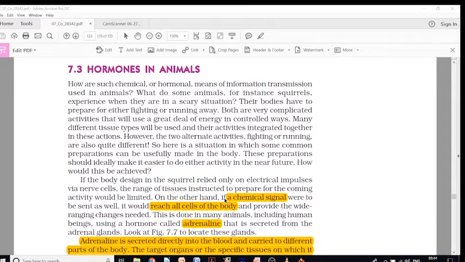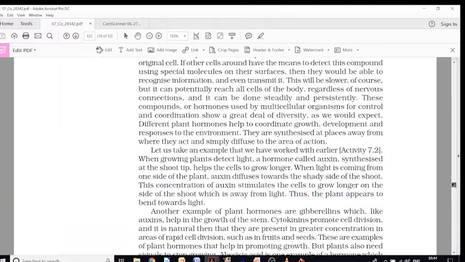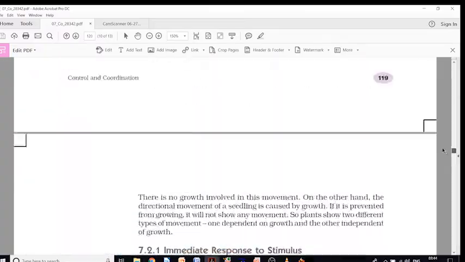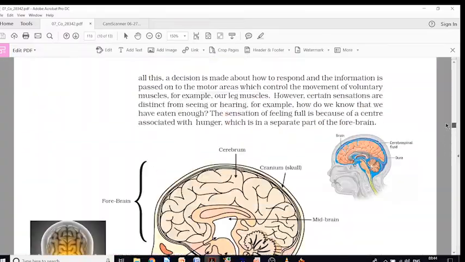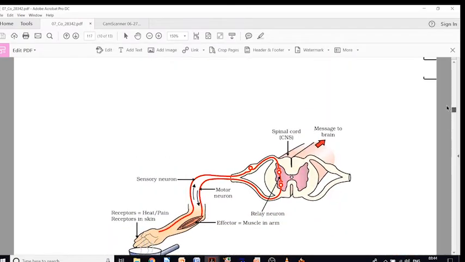Because these are chemicals, they are released into the blood, and the blood then reaches every cell of the body. That is why hormonal control is very important. And as you have already seen in that diagram, the nerve was sitting on the muscle only and not entering into the cells.